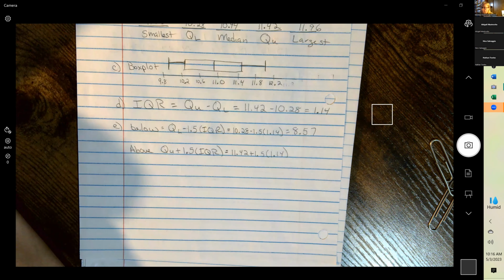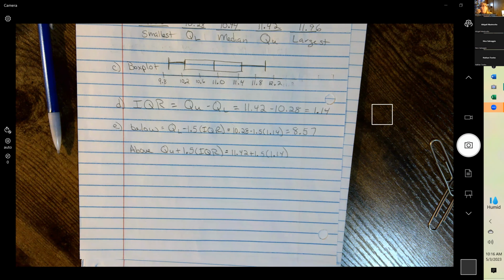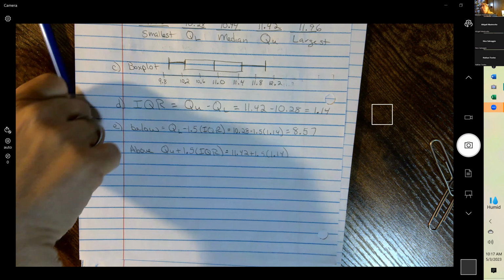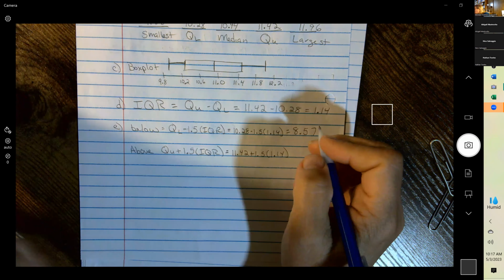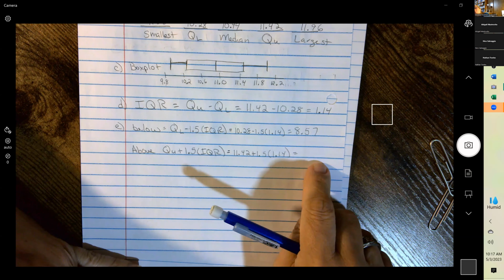And then what are we getting for the upper? Anyone? Just calculate this, and whatever you get above that will be an outlier.